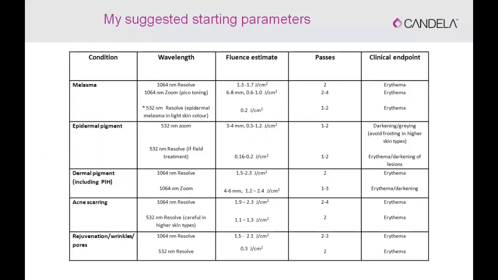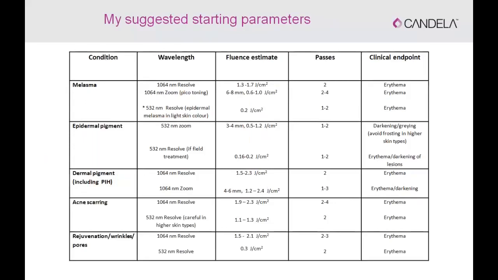For field treatment, that is when you're not dealing with just a single epidermal lentigo, for example, but a whole field of the cheek full of lentigos and some photodamage, in lighter skin types particularly, I like to combine that with the 532 Resolve, and these are my settings.